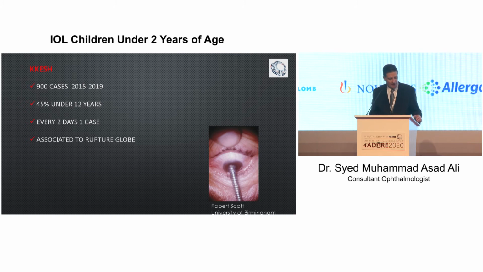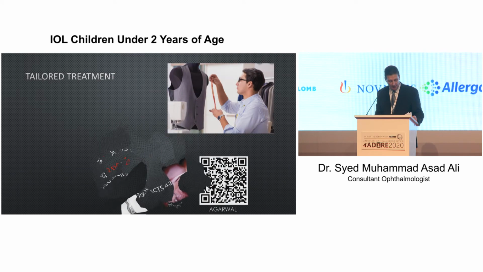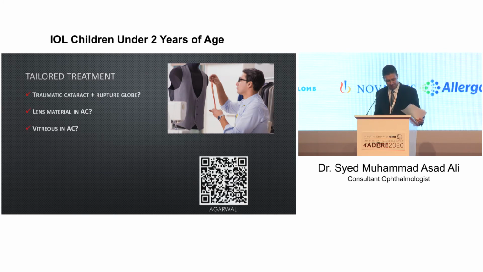Traumatic cataract is a real problem. It's an important cause of preventable blindness in children. Some public prevention campaigns should be addressed. Regarding the treatment, there is no algorithm for the treatment. Dr. Agarwal, in this link, gives us some guidelines to solve some questions about this.